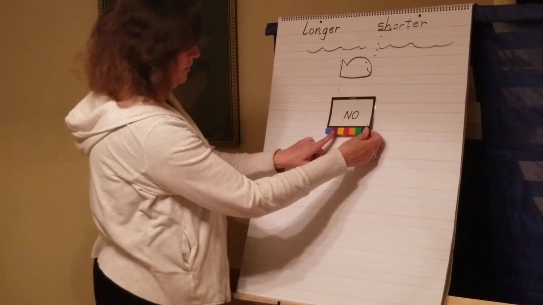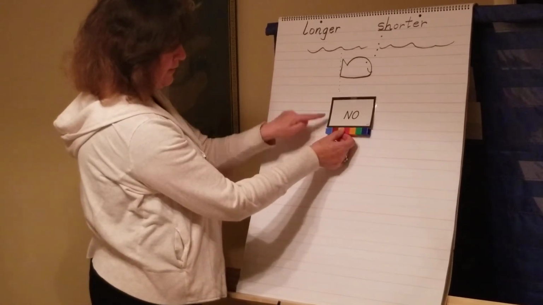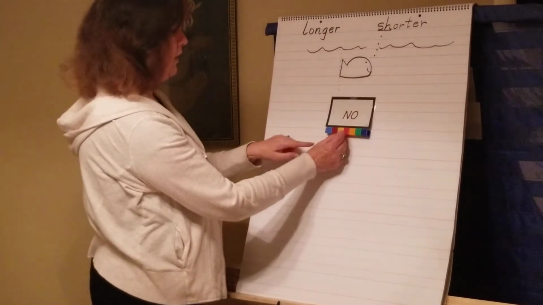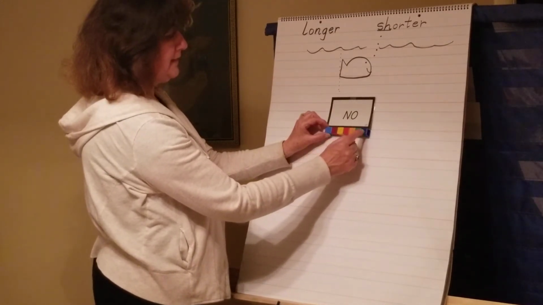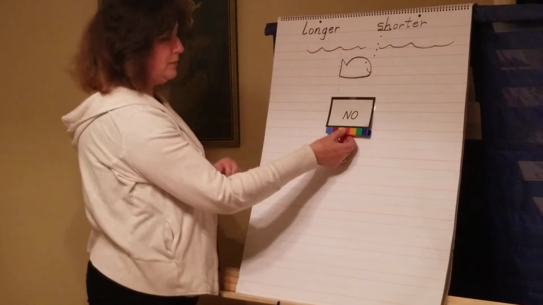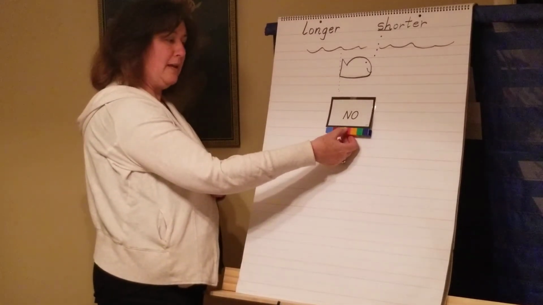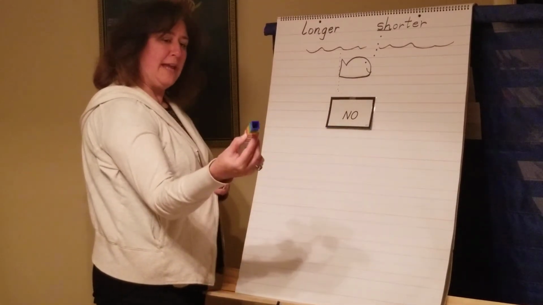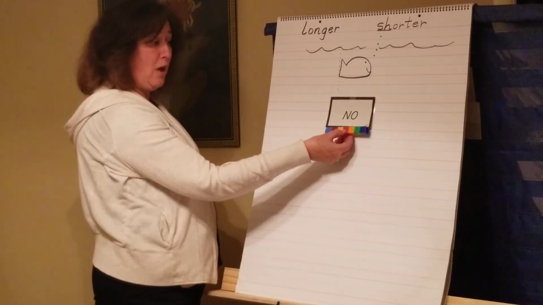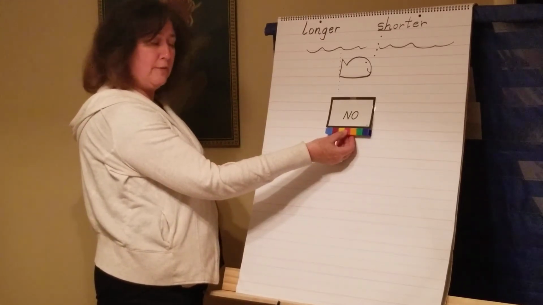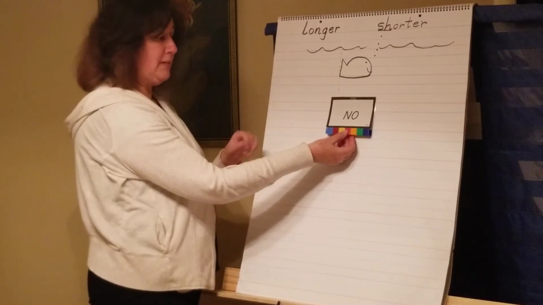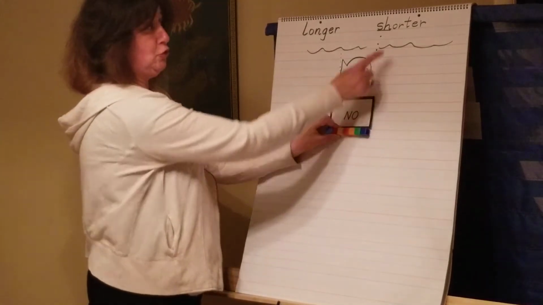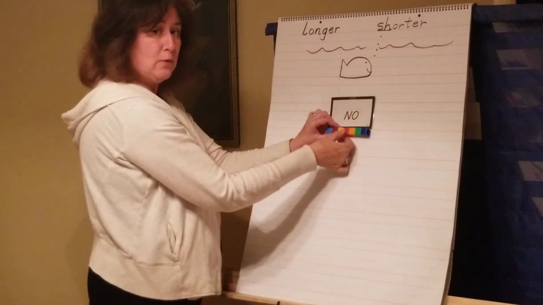There we go. I think this high frequency word card is 1, 2, 3, 4, 5, 6, 7 Unifix cubes long. Okay, my Unifix cube train actually now, is it longer than my high frequency word card? No, it's not longer. Is it shorter than my high frequency word card?